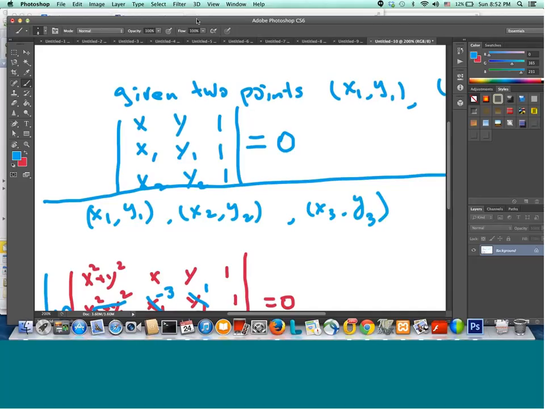So now we already learned a lot of analytic geometry. So what is analytic geometry? Analytic geometry is geometry in the Cartesian plane.